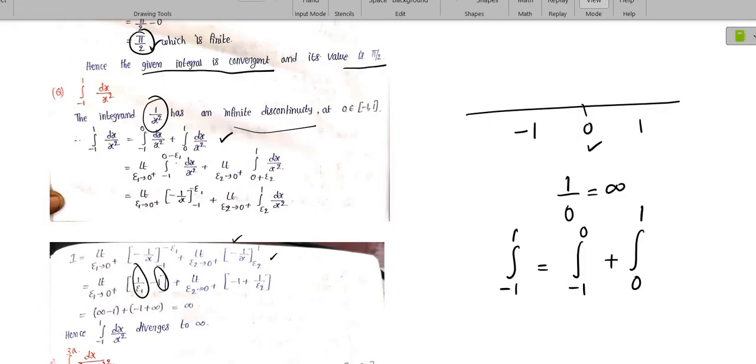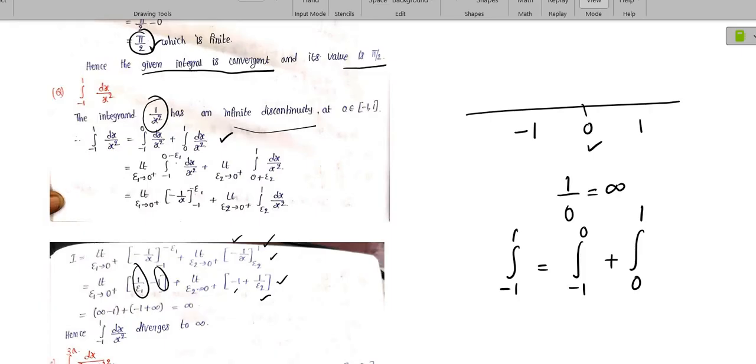Here also, first substitute 1, then you get minus 1. Next substitute epsilon 2, then we get minus 1 by epsilon 2, and minus into minus is plus. So this is the simplified expression after substituting the limits.